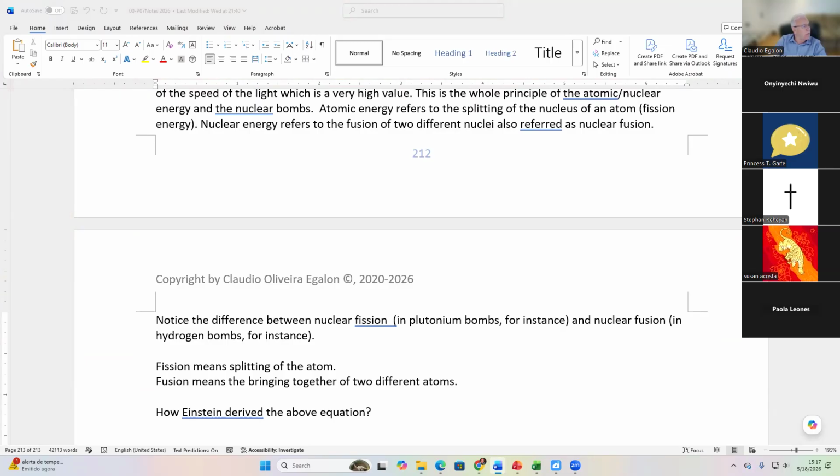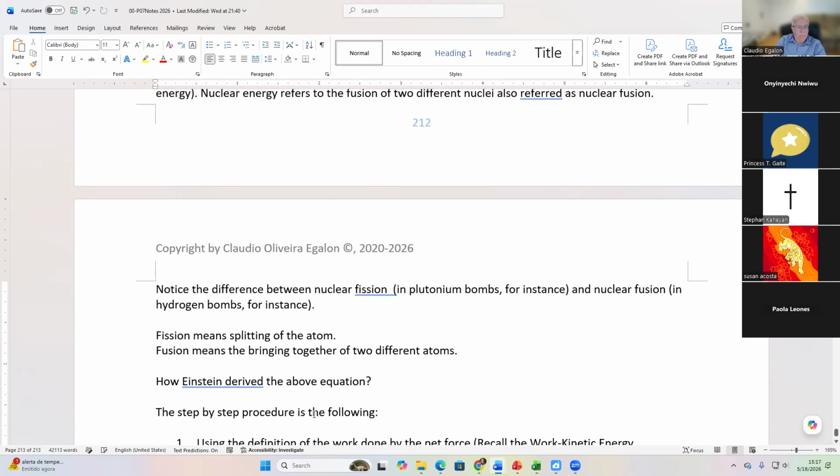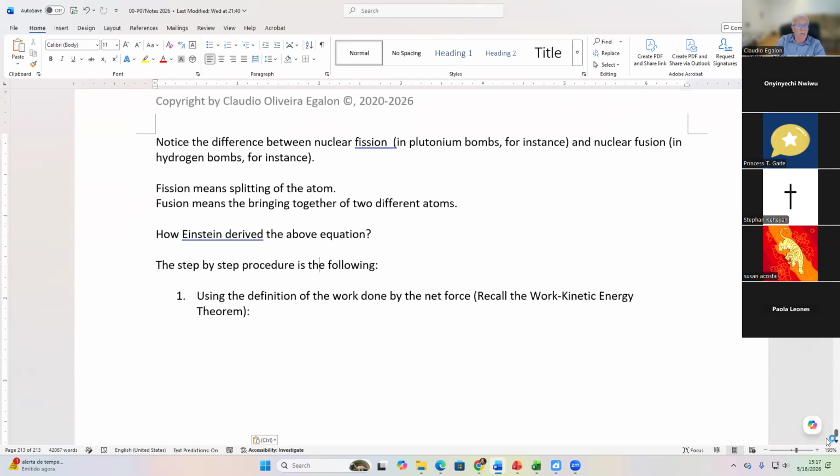We start with the work done by the net force. The step-by-step procedure is the following.